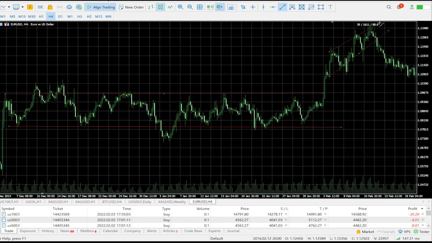So you don't know where the market is going. And there are three kinds of bilateral pattern. We have the ascending triangle, the descending triangle, and the symmetrical triangle.